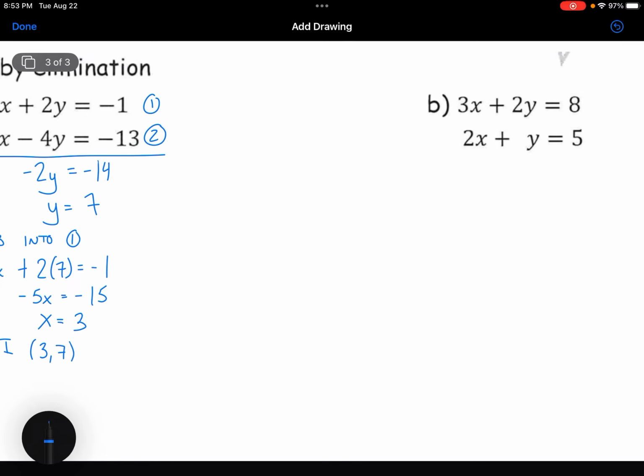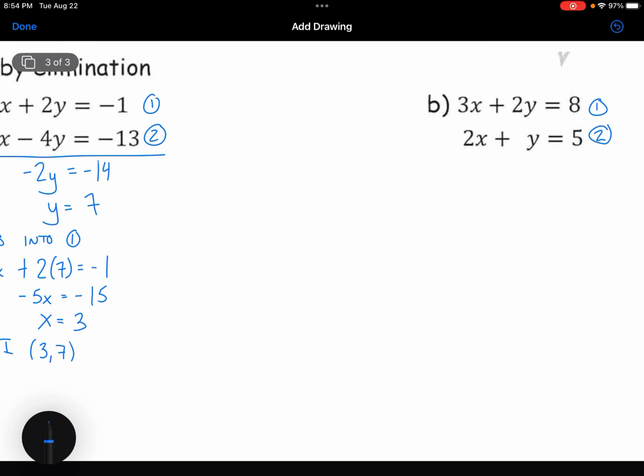Now, if we look at this one, this one's a little bit harder. We've got 3x plus 2y equals 8, and we've got 2x plus y equals 5. What we have to realize is that neither of these equations have a common number in front of one of my variables.